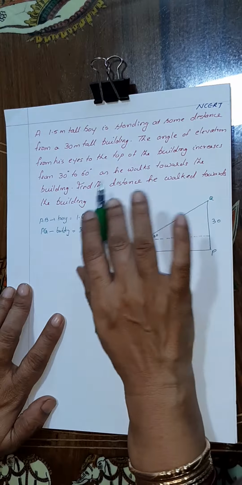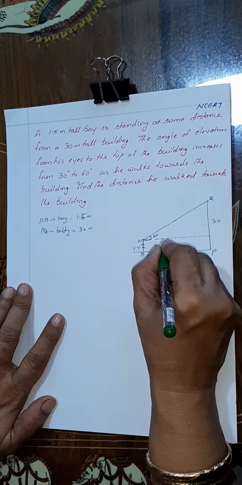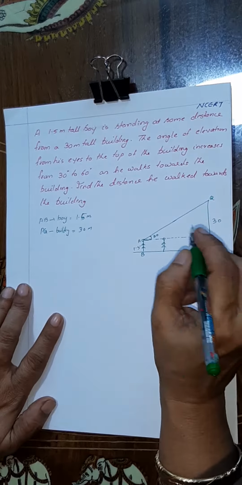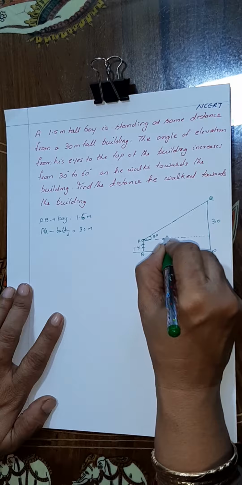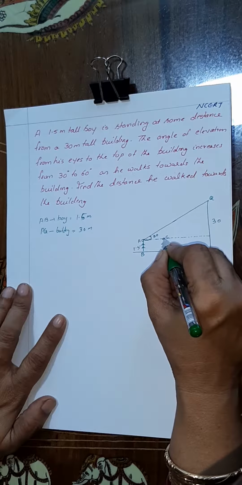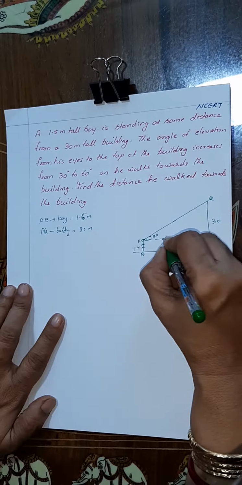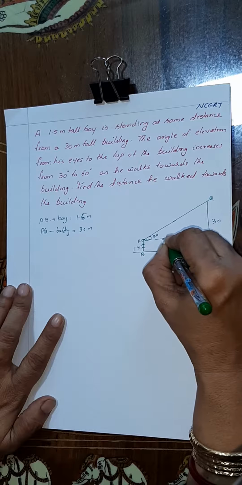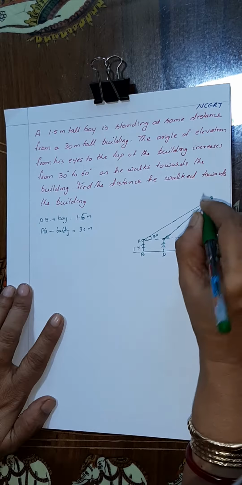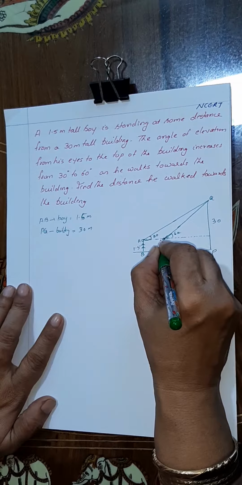Now he is walking towards the building. So let us assume that he has reached this point. So now he is at CD. From here, now he is seeing the top of the tower. So now the angle of elevation, now this is 60 degrees. So this is CD.